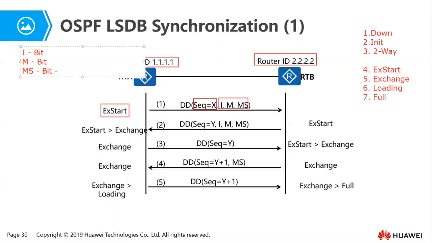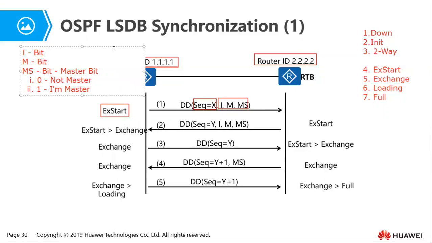The MS bit is what we call the master bit. When it is 0, it means not master. When it is 1, it means I'm the master.